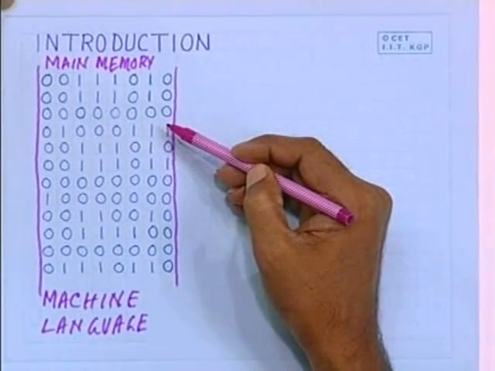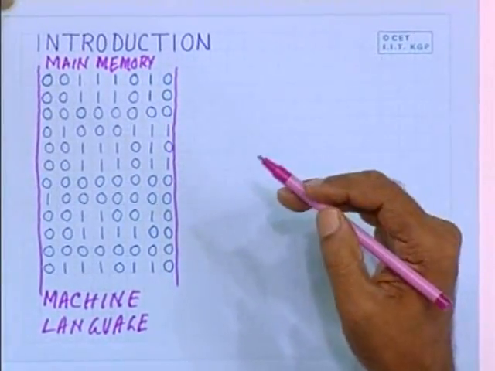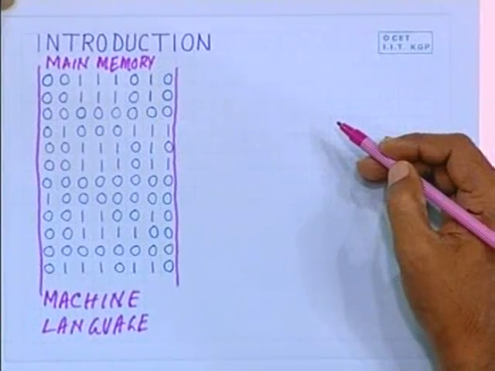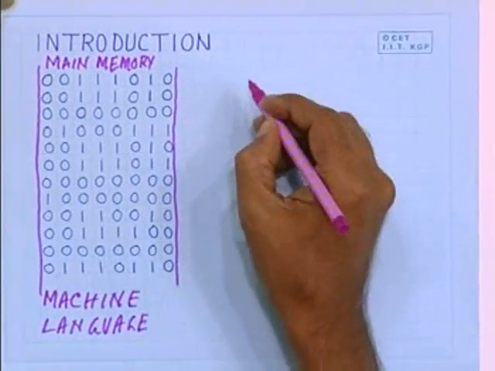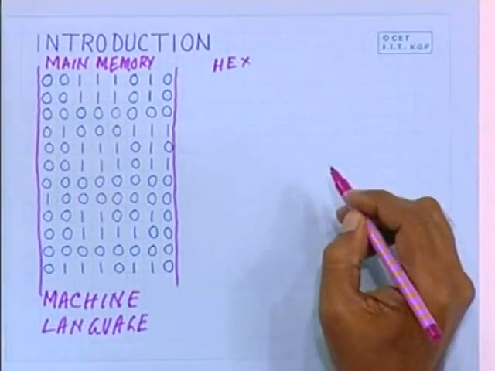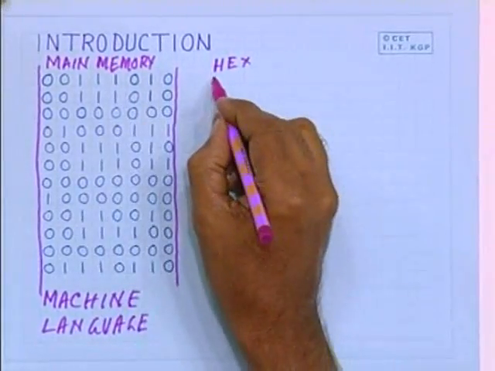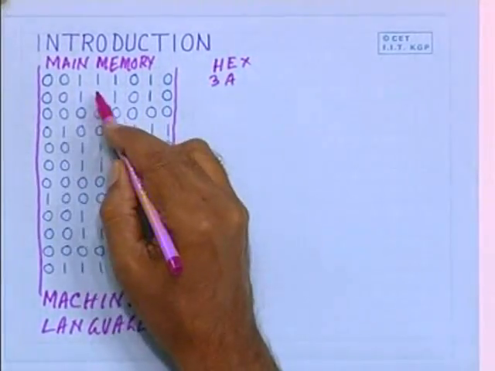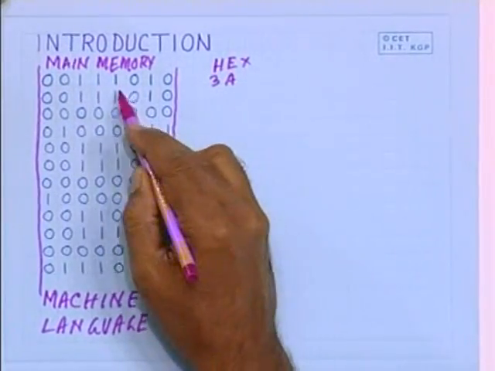For better human interaction, some steps are taken. One simple step in this direction is to represent these instructions in terms of hex numbers. For example, this is 3A: 0011 1010.